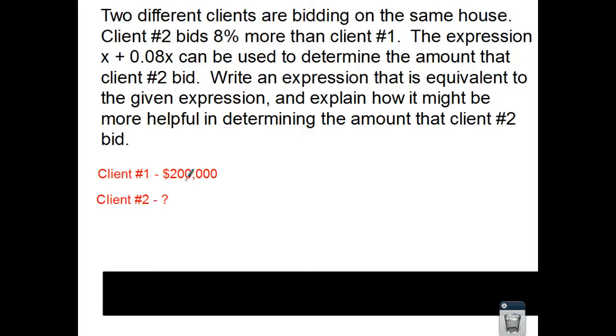And if client number one says, I want that house for $200,000, the second client said, well, that's fine, but I'm going to bid 8% more than you. So if I'm putting that to numbers, it's going to be client number one's $200,000 and client number two, so this is client number one's bid, and client number two's bid said, all right, I'll take that $200,000 and I'll take an additional 8% of it.